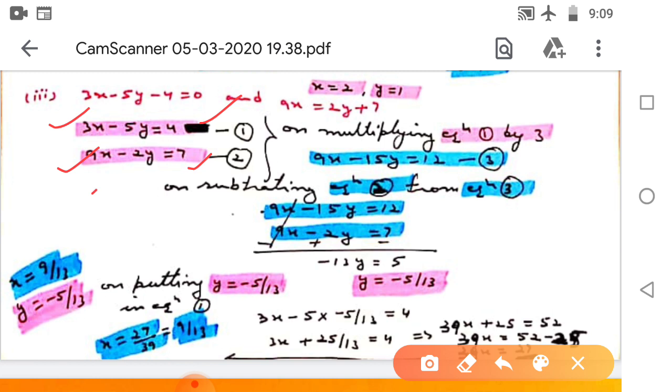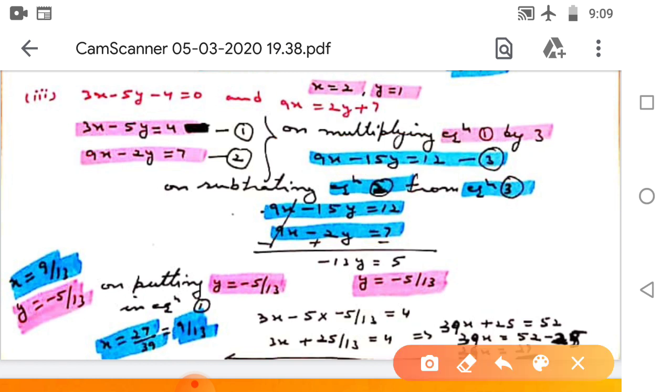So on multiplying equation 1 by 3, the coefficient of x becomes 9. When you multiply equation 1 by 3, this is your third equation, that is 9x minus 15y is equal to 12.